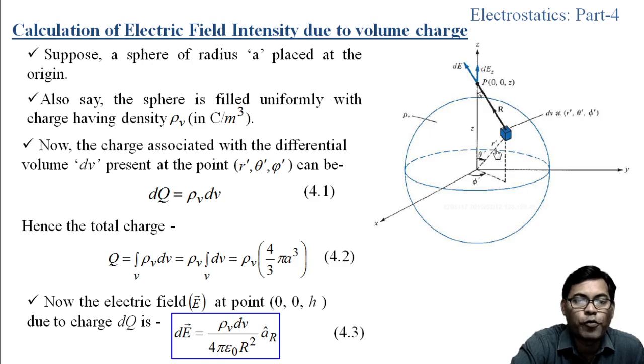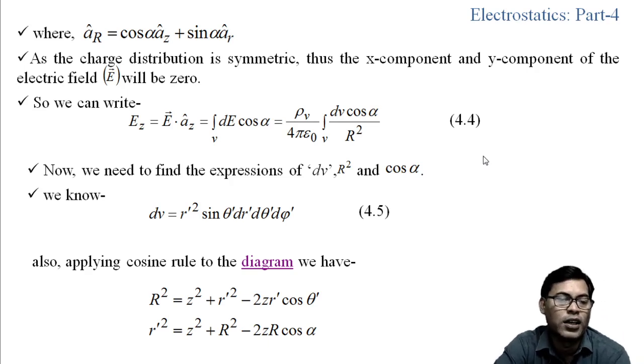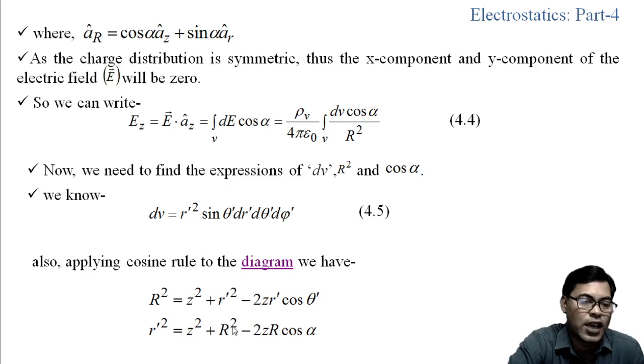Similarly, r prime square will be equal to z square plus R square minus twice z R cos alpha. We will see afterwards how to get the expression using the cosine rule. For the time being we will consider these two expressions we got using the cosine rule.